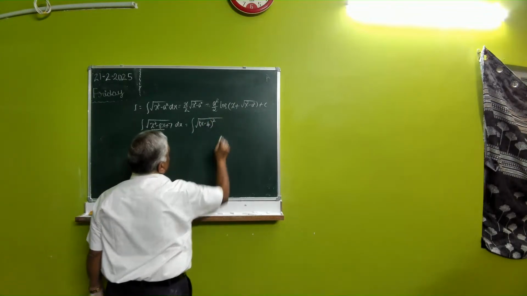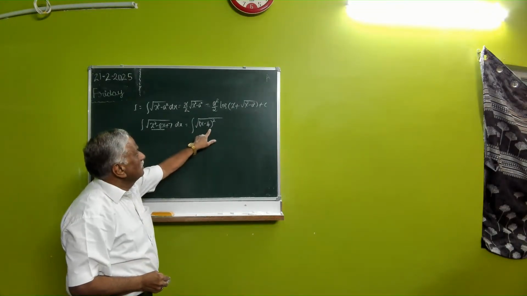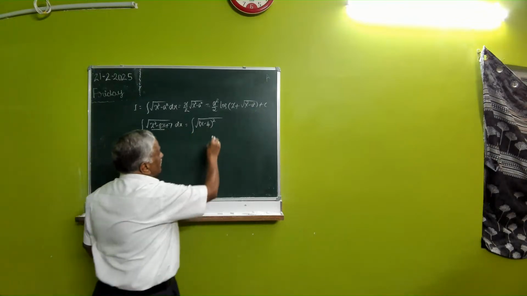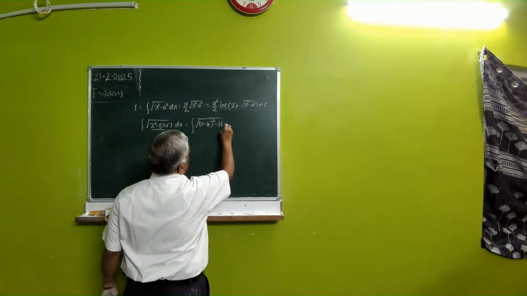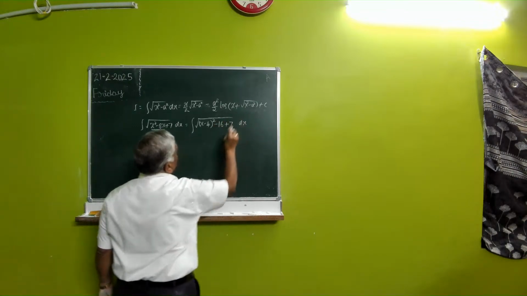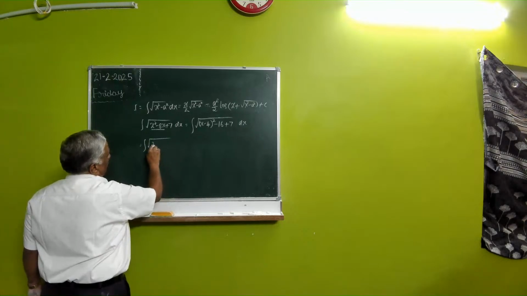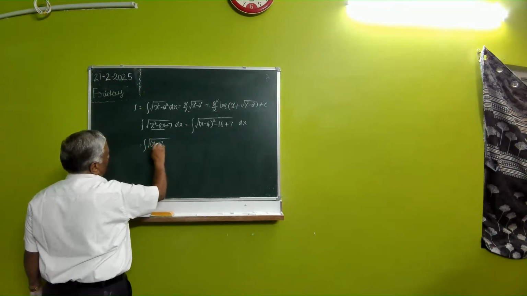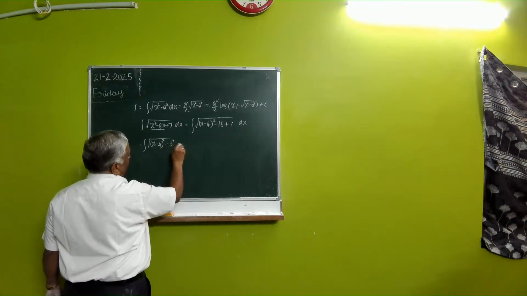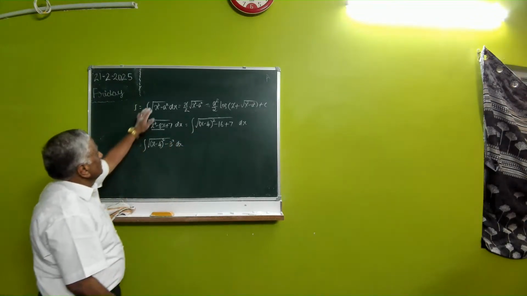Why should I write minus 4? Because I want x square, there's a minus a, minus 4. 2ab is minus 8x. And you are getting 16, subtract that 16, then write that 7. So what will happen now? This is equal to integral of x minus 4 whole square minus 3 square, because you get minus 9.